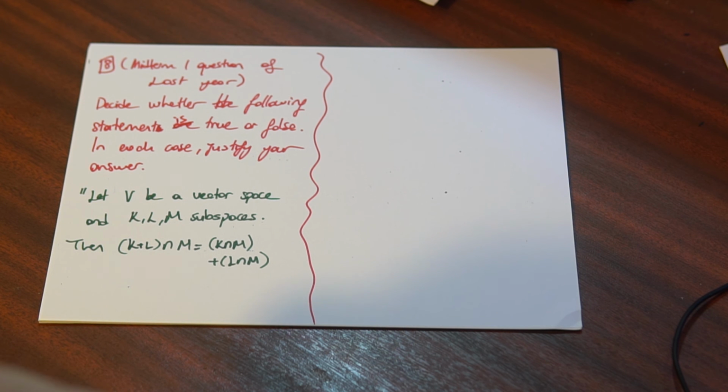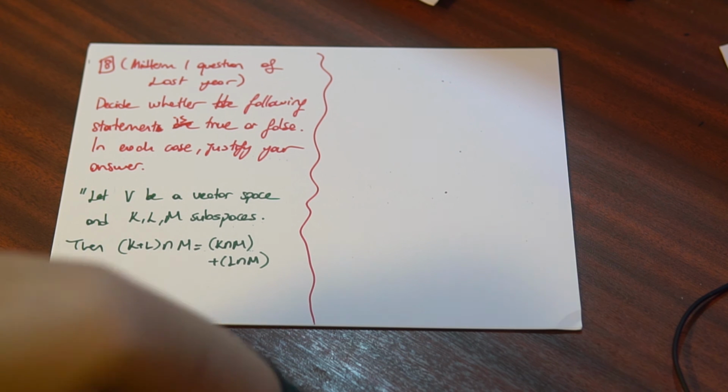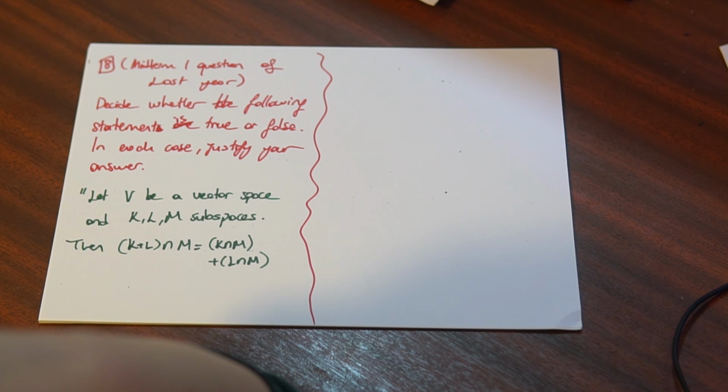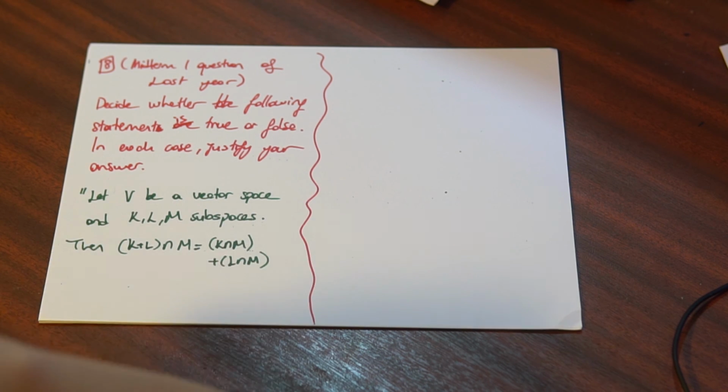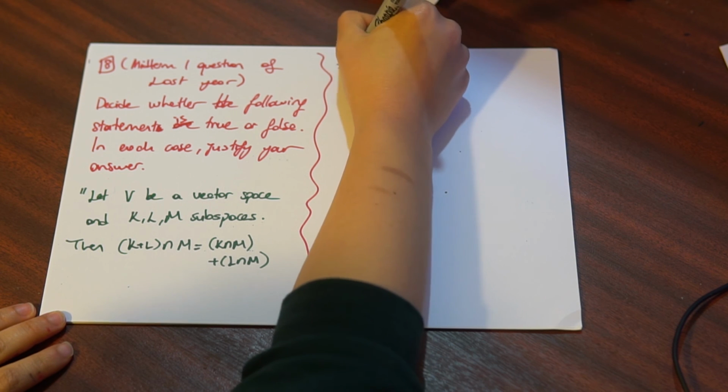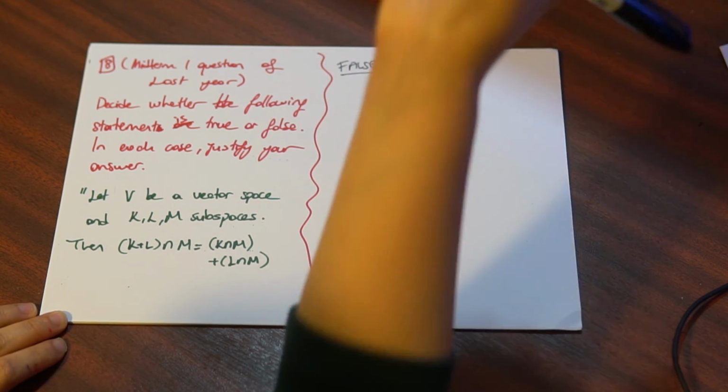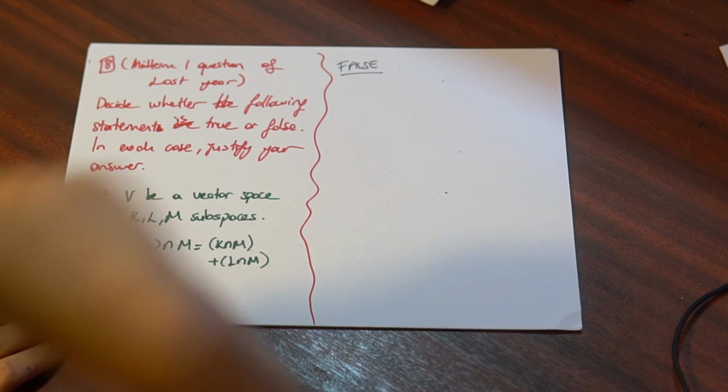The statement is, let V be a vector space and K, L, and M subspaces, then K plus L intersection M is equal to K intersection M plus L intersection M. This statement is false. I will show this with a counterexample.